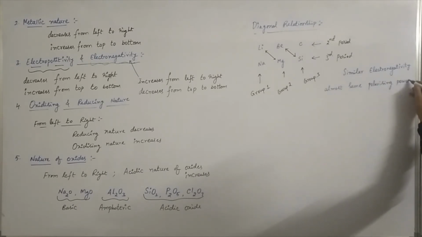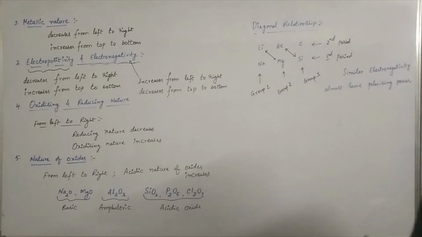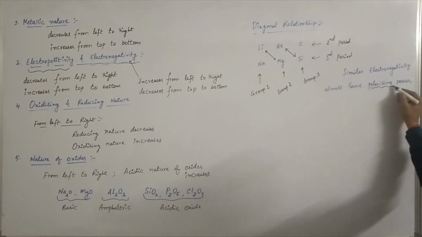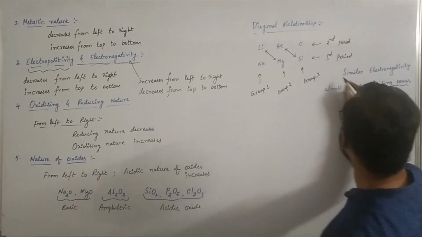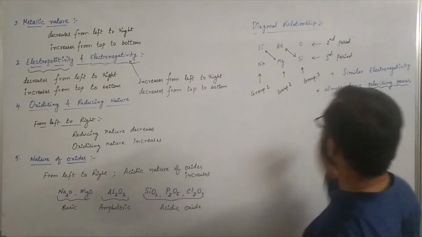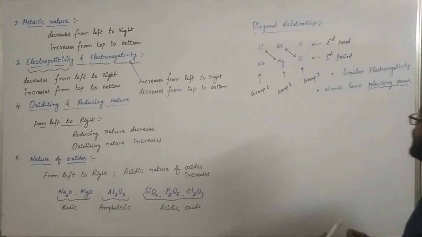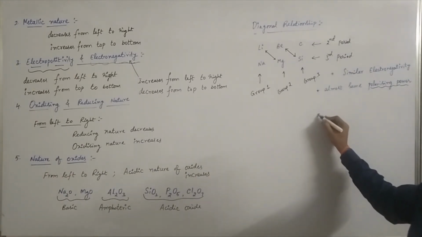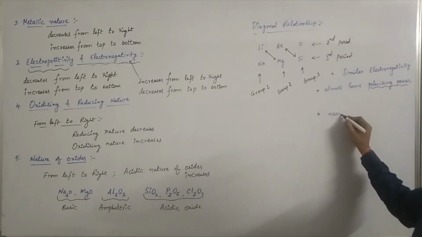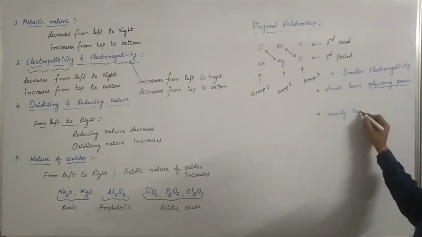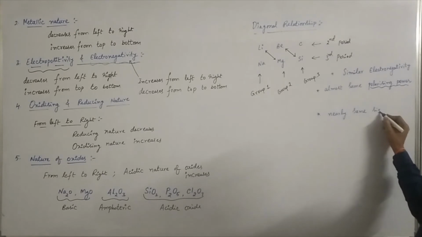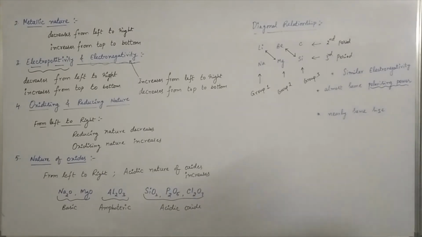We will discuss what polarizing power is later. So these are the two reasons for diagonal relationship, or we can say nearly the same size. Atomic radius is nearly the same. These are the three reasons.